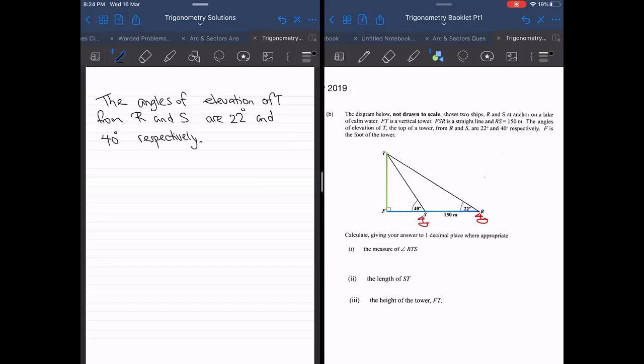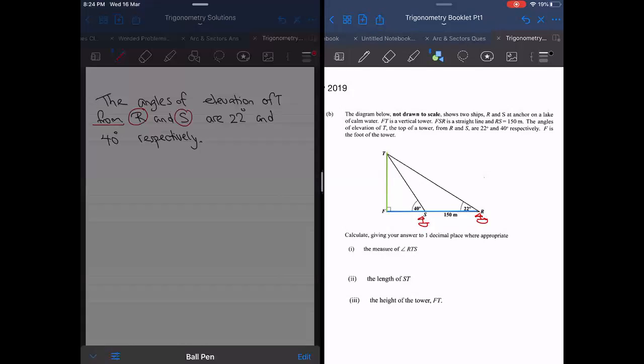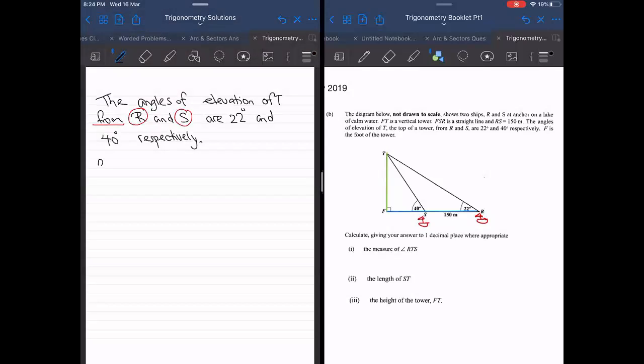All right, so we kind of just want to talk about some stuff. Whatever comes after the "from", that's where the angle is. So "from" means focus point. So in this case, it means the angle is at the R and S.